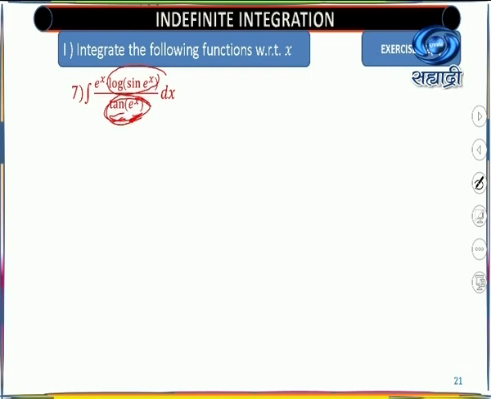Now look at here. What will be the derivative of log? Derivative of log is 1 upon, as it is, whatever inside the log function. Okay, then you have to differentiate, because this is a composite function, you have to differentiate the function of a function. So you need to differentiate sine also. So it gives you cos of e raised to x, and then you need to differentiate e raised to x, which gives you e raised to x.